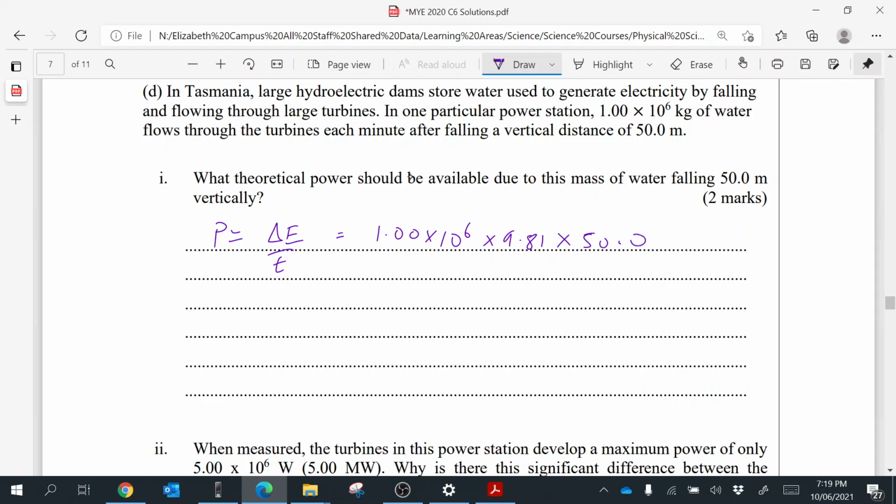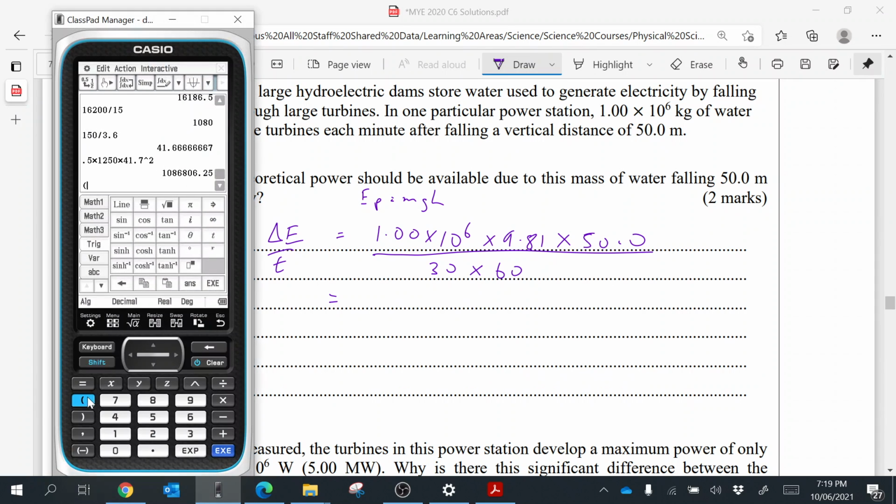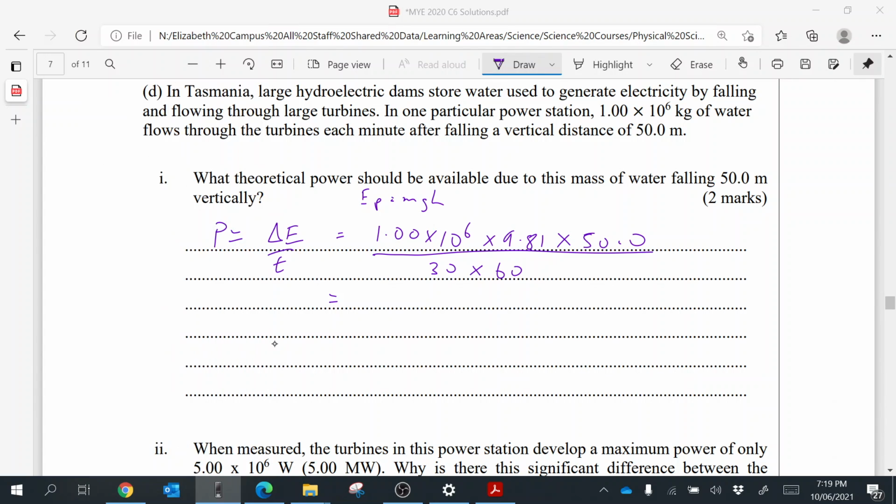So I'm using EP. Remember, EP equals mgh over time, which is 30 minutes, so 30 times 60 seconds. Wow, quite a lot in that one. Let's put that into a calculator. Put brackets around the top one. So if you're not sure, you need to put brackets there.